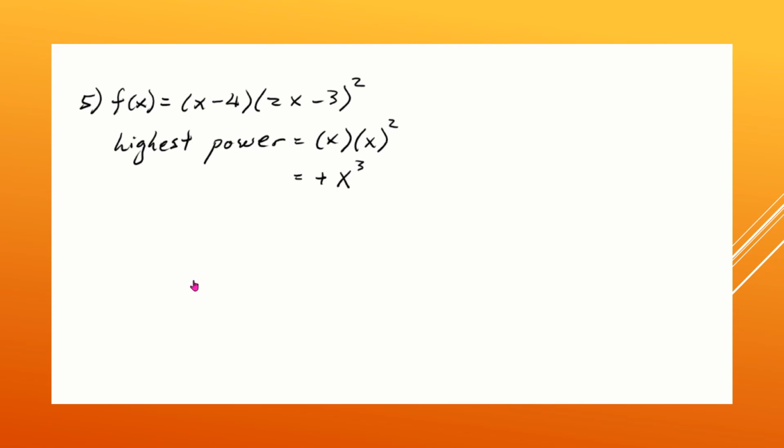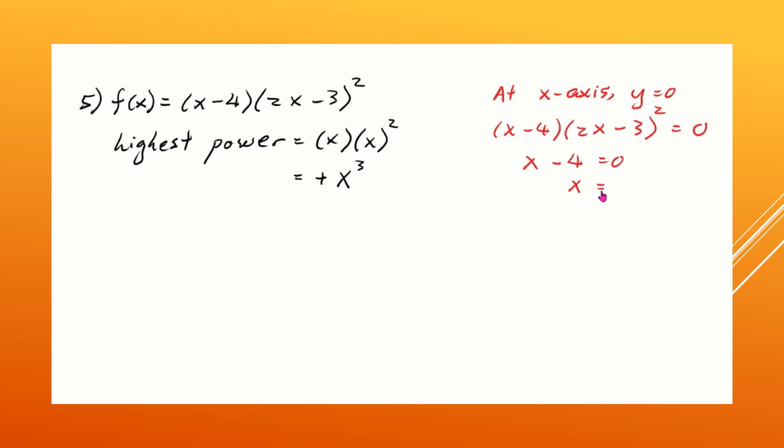And next, we need to find the value of x at the x-axis. At the x-axis, y is equal to 0. So (x minus 4) multiply (2x minus 3) power 2 is equal to 0. Now from the first factor, x minus 4 is equal to 0, so x is equal to 4.